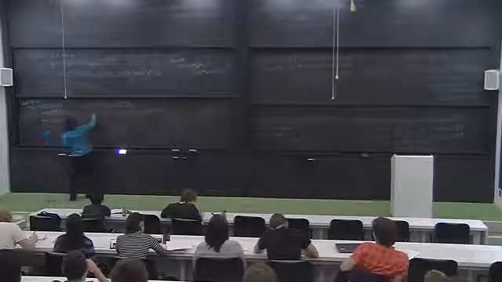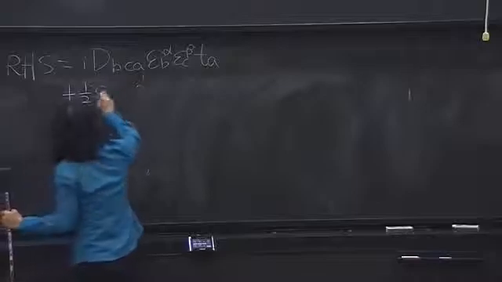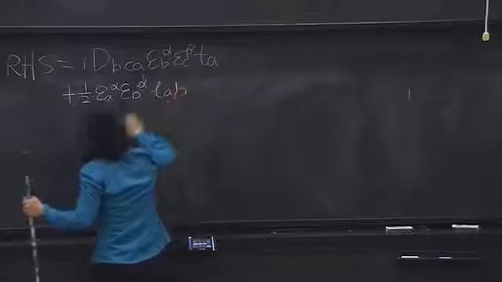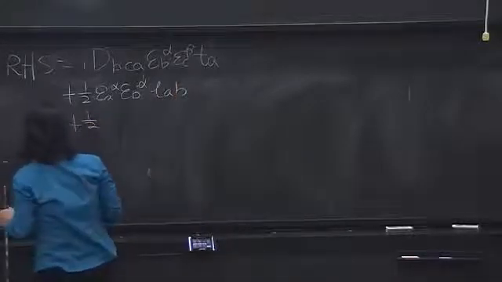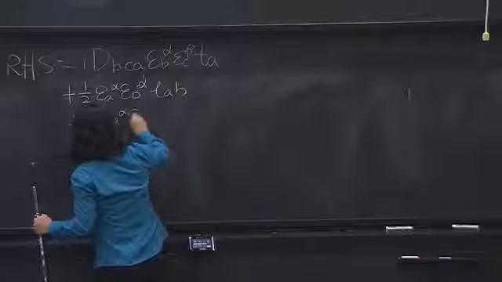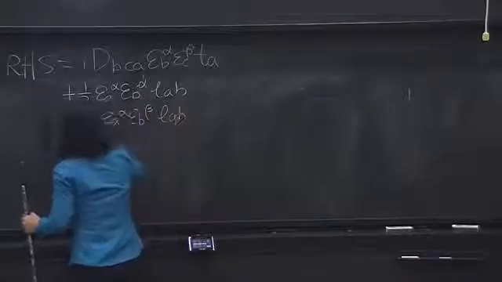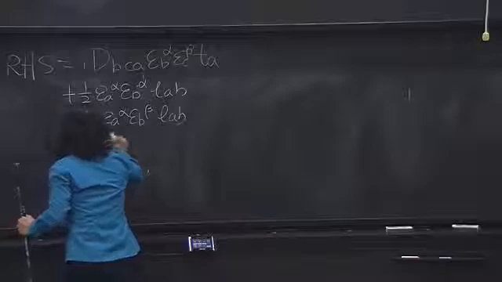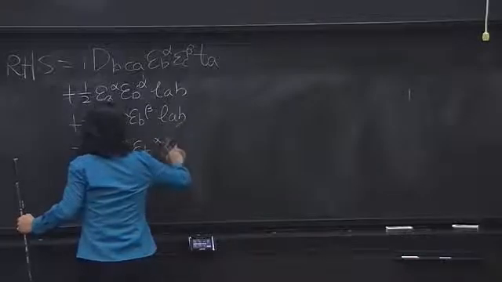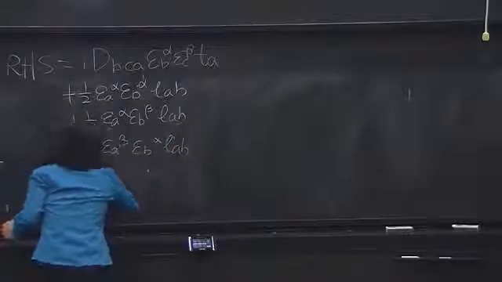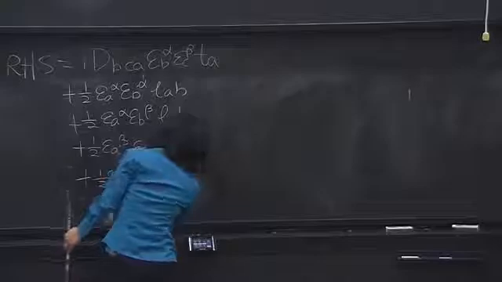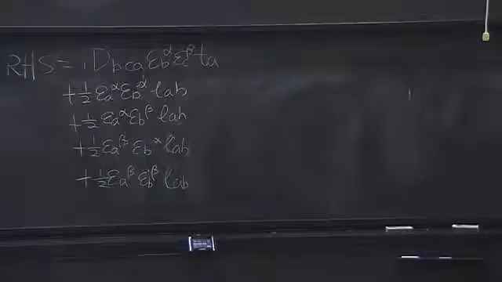So that is 1/2 epsilon A alpha epsilon B alpha LAB, and then 1/2 epsilon A alpha epsilon B beta LAB, and then there is epsilon A beta epsilon B alpha LAB, and the last term, 1/2 epsilon A beta epsilon B beta LAB. Okay, the only thing we need to do is to set them to be equal.